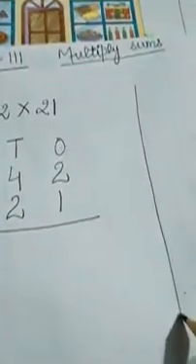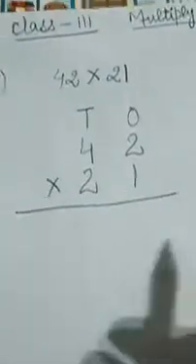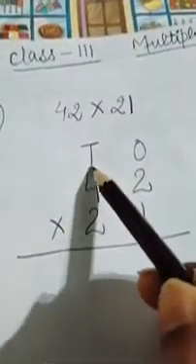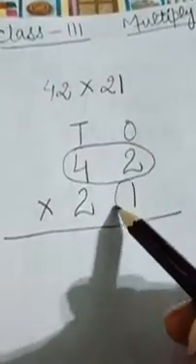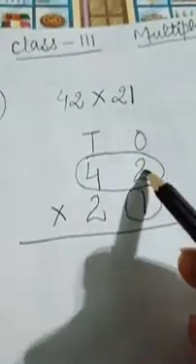Now how to do the multiplication? I am going to tell you a very easy way. Firstly, this 42 will be multiplied by 1, and we will do this in our rough work.